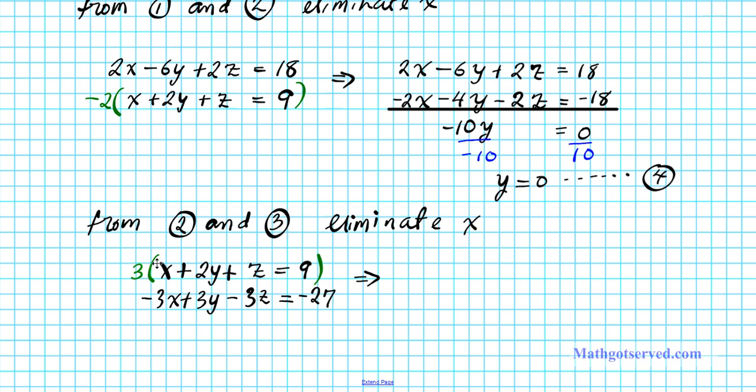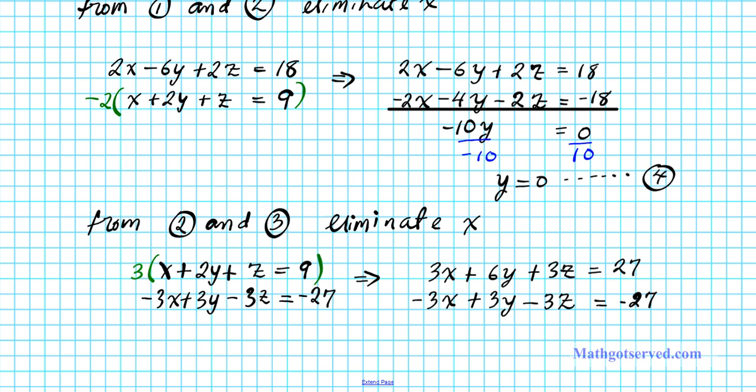So what we'll do is distribute this 3 to every term here. So if we do that, we're going to have 3x plus 6y plus 3z equals 27. And then the other equation, equation 3, remains unchanged, negative 3x plus 3y minus 3z equals negative 27.